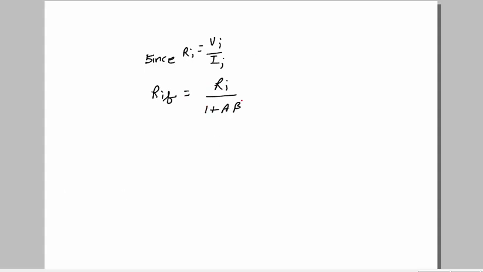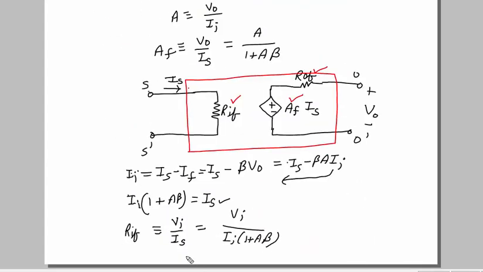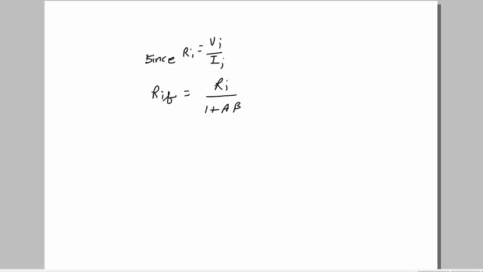We can look from here: this VI by II we wrote as RI, so RI upon 1 + Aβ, and this is an important and desirable result. So we can see that the input resistance is decreased by a factor equal to the amount of feedback. Next we have to find out ROF.